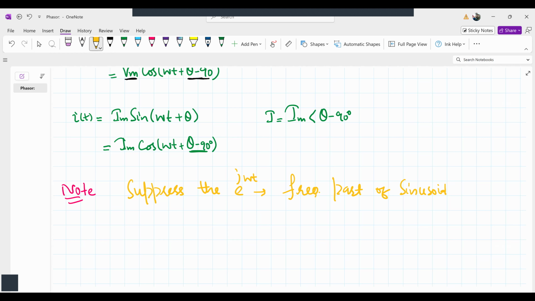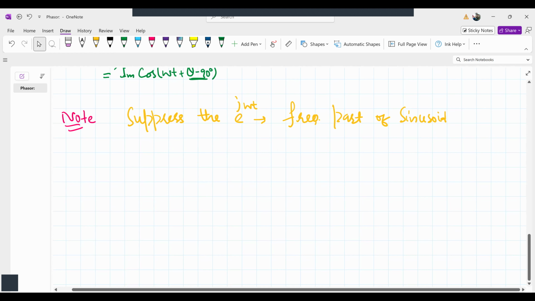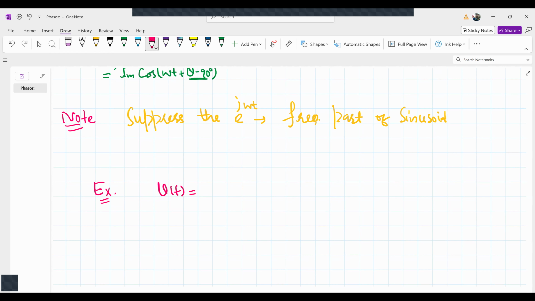All right, let's take some examples to understand this concept. Suppose the voltage in time domain is 200 cosine(50t minus 45 degrees).